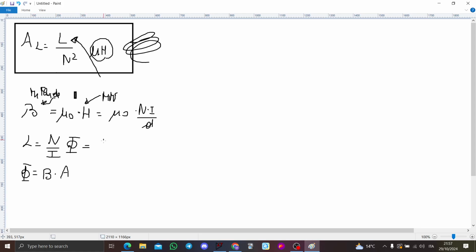And so this is equal to N over I times A times mu0 N I over D, which is then equal to N squared times mu0 times A over D.